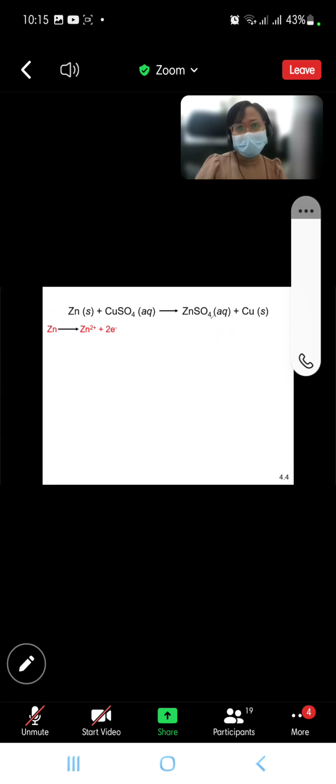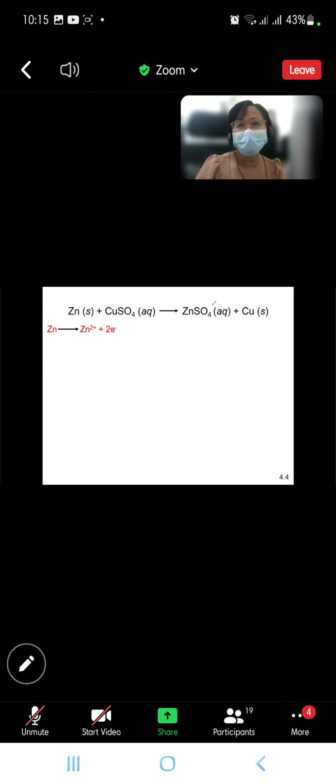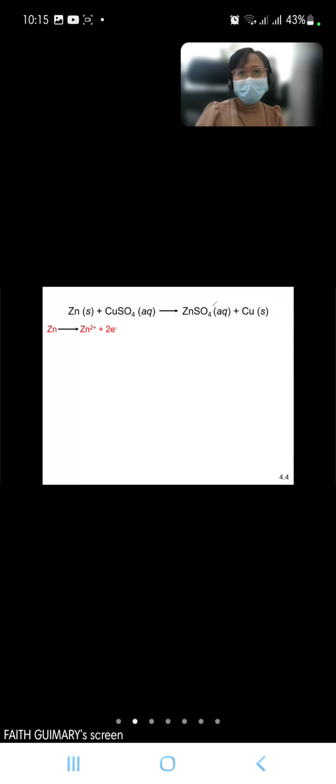But on the product side, zinc has a bond with the sulfate ion. Okay? So because it bonds with the sulfate ion, zinc becomes positive 2. So zinc becomes positive 2 on the product side, but on the reactant side, this is 0, because as a free element, it does not bond with other elements.